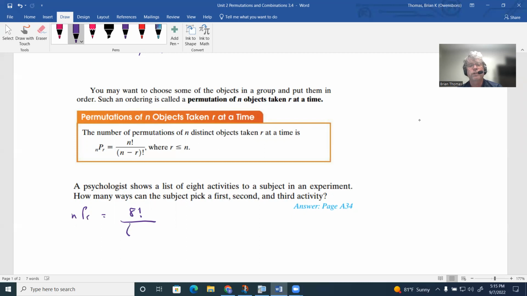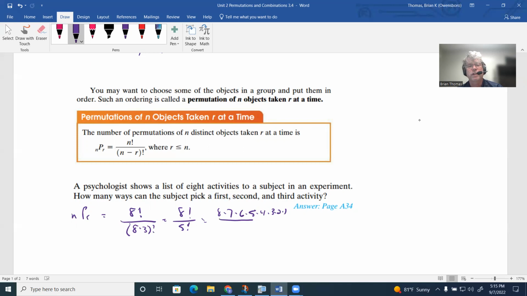And notice how there's a first, second, third, so there's 3 different ways they're taken. So it would be 8 minus 3 factorial. So this is going to be 8 factorial over 5 factorial. So 8 factorial would be 8 times 7 times 6 times 5 times 4 times 3 times 2 times 1.